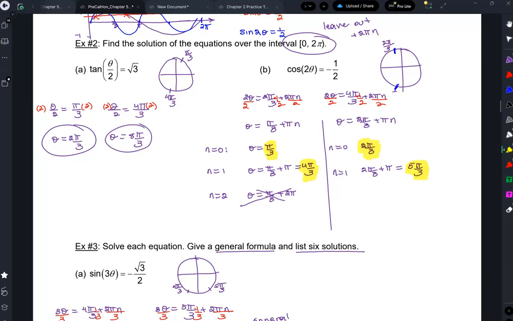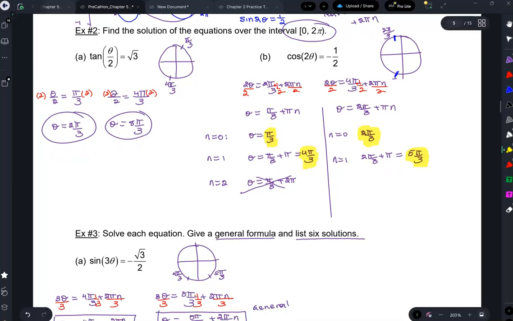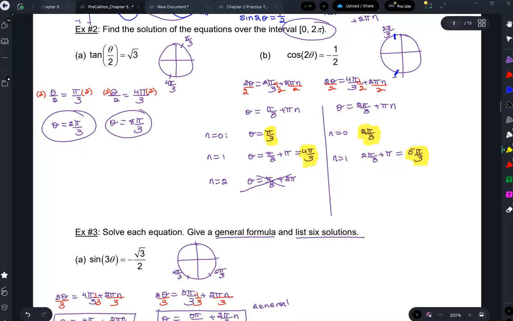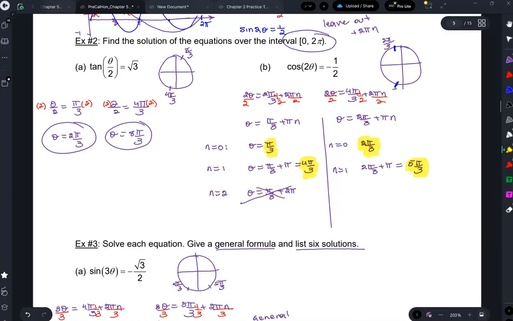Okay, so why don't we modify this one now? Look at this one. So we got here 2 pi over 3 and 4 pi over 3, right? For my answers, pi over 3 and 4 pi over 3. So how would I have written those?